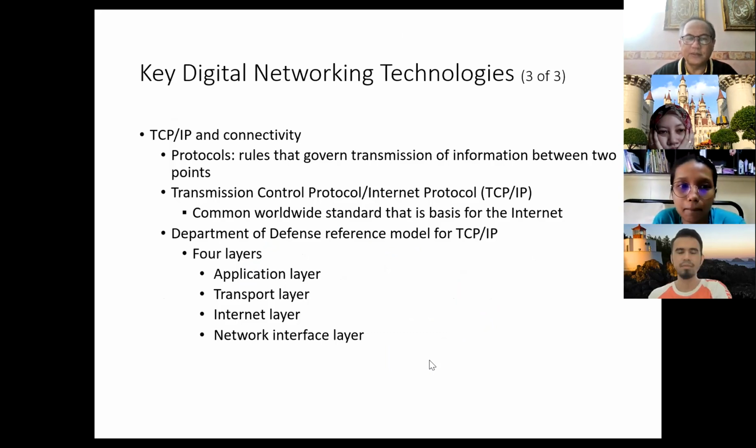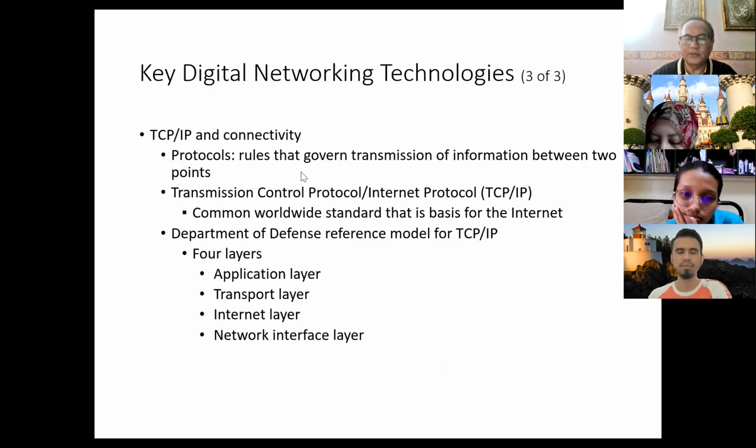There is a model for this. We call it the Transmission Control Protocol and Internet Protocol. Transmission Control Protocol is for managing the transmission control from one end to another end. Internet Protocol is where they have a specific standard for the internet.